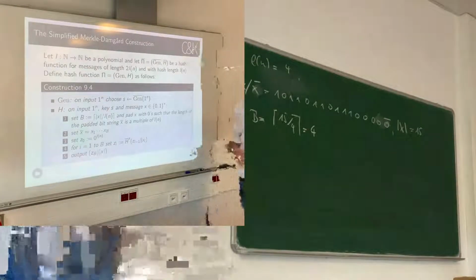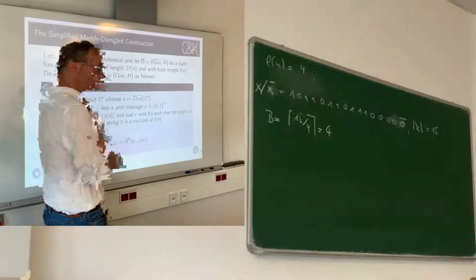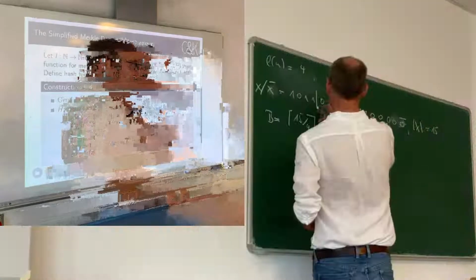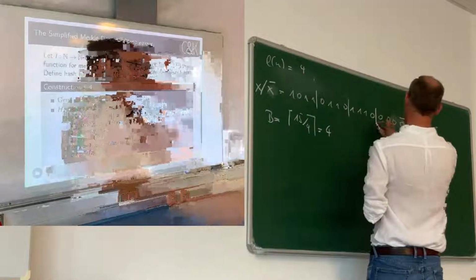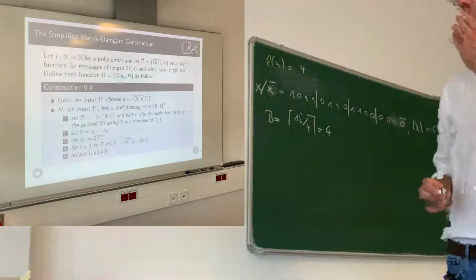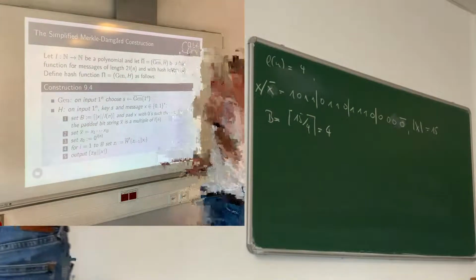Then I partition x bar into b blocks of length L of n, x1 through xb. So this is x1, this is x2, this is x3, this is x4.